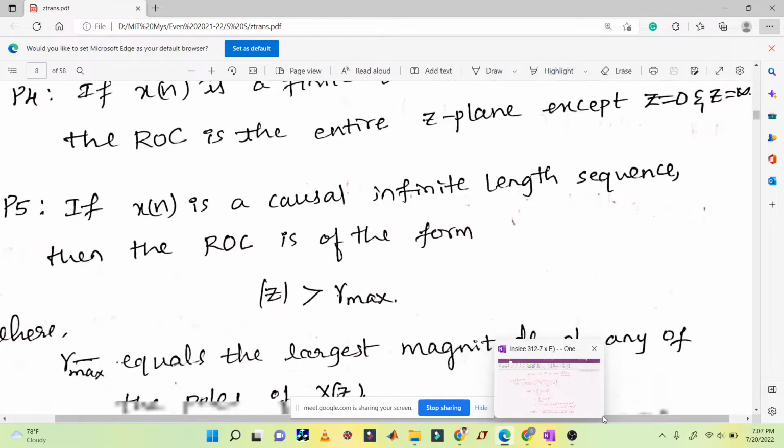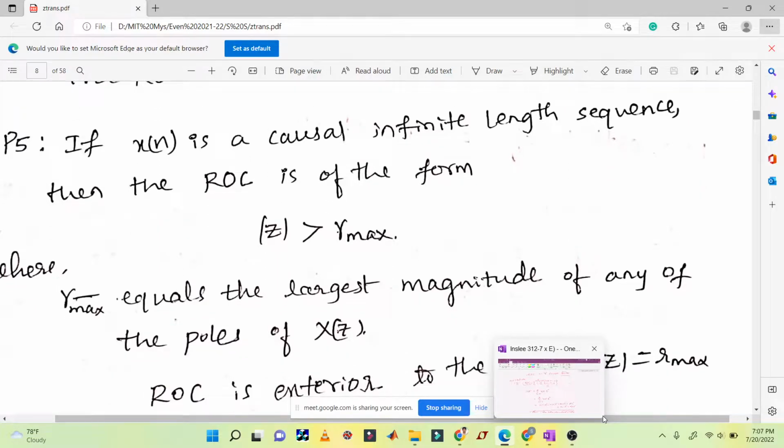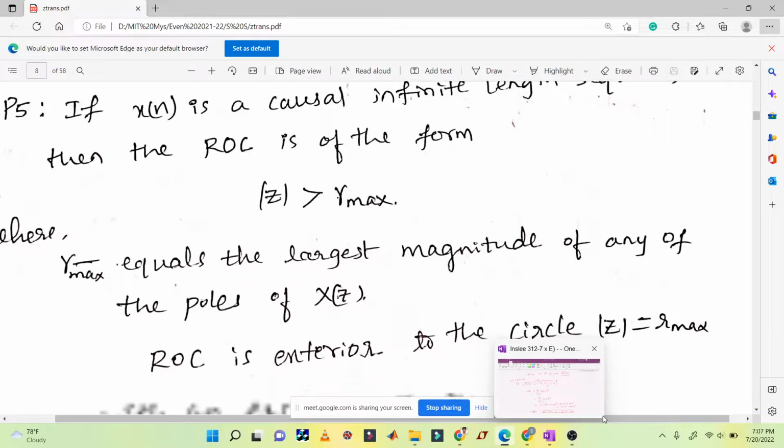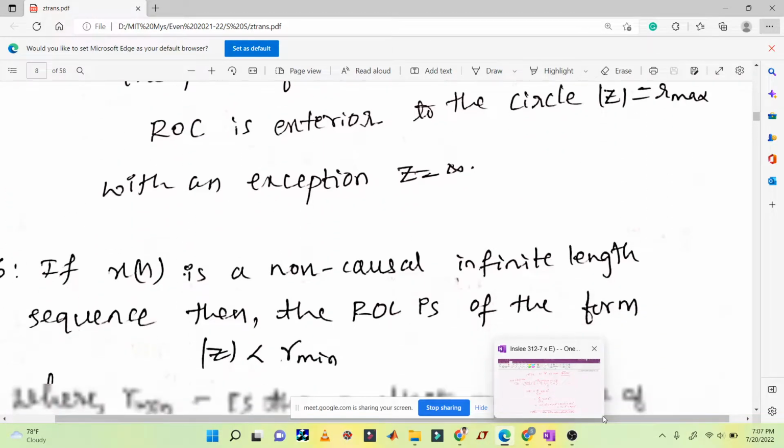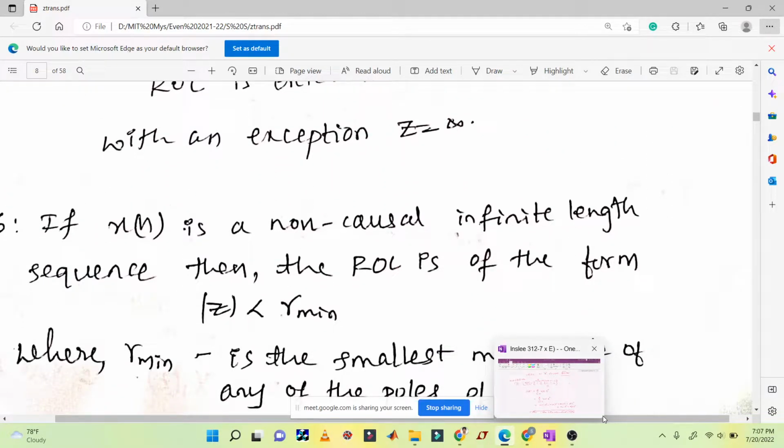Then for a causal infinite sequence, ROC is right-sided, that is magnitude of Z is greater than R max. R max is the magnitude of the largest pole. Then x of n is non-causal infinite. Earlier causal infinite, the next property non-causal infinite length sequence.